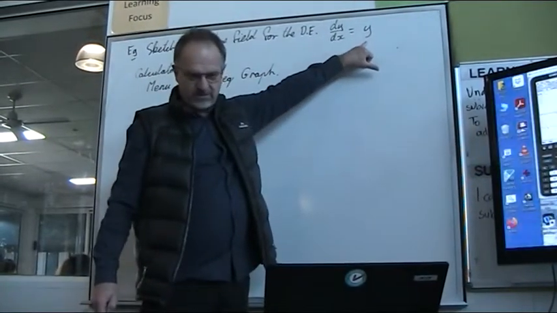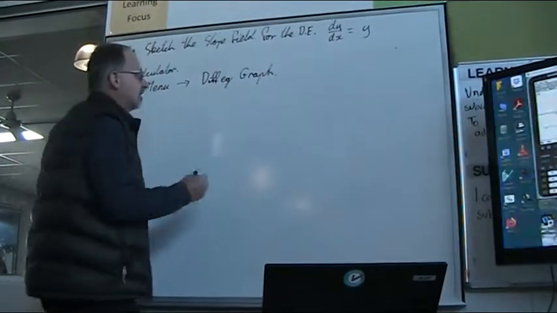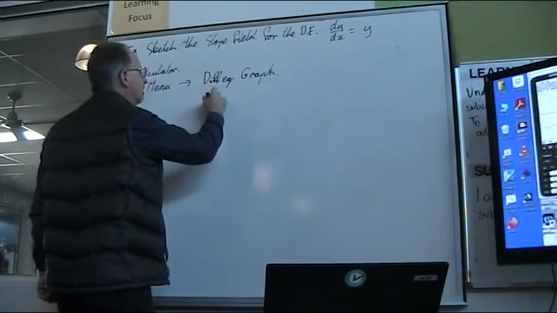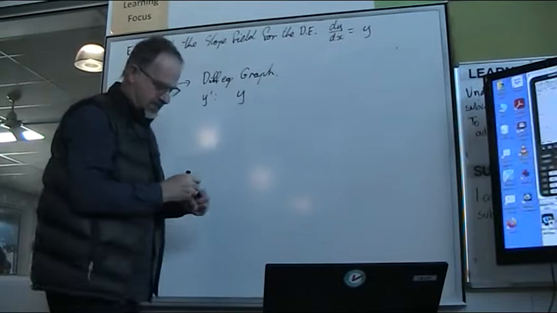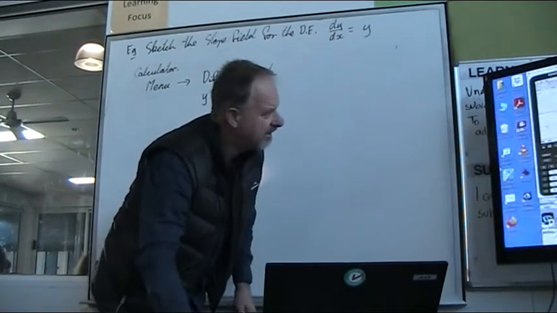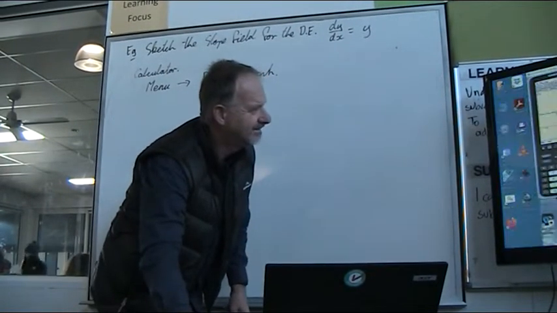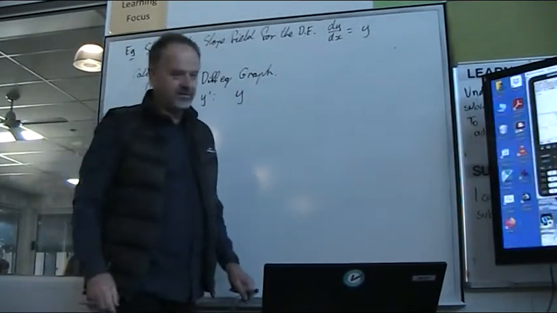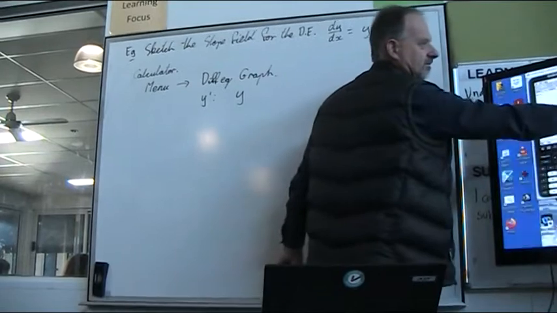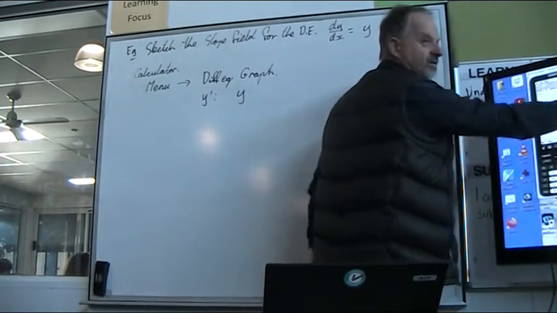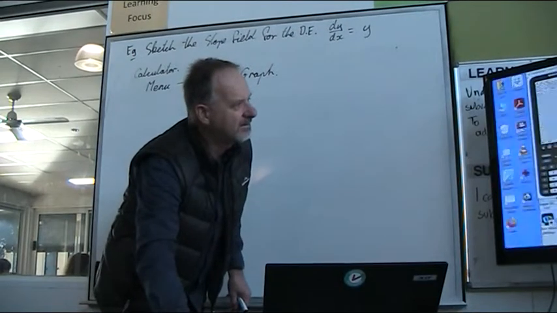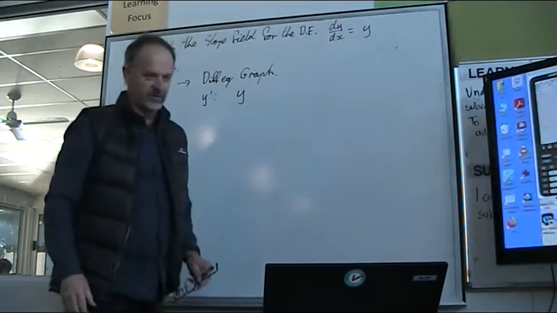In this case it's equal to y. So y dashed, and we just put y in there, which we get from our keypad. There it is. And then the one up here, it looks like it's got all that direction field thing in there. So we tap on that, and then it draws it for us.